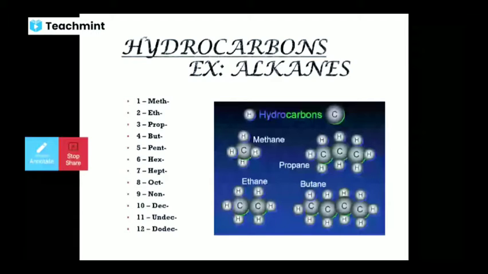Hydrocarbons at room temperature will be liquid, waxy, or plastic. 5 to 19 carbons are called liquid hydrocarbons. 20 to 40 carbons are called waxy hydrocarbons, and more than 40 carbons are called plastic hydrocarbons.